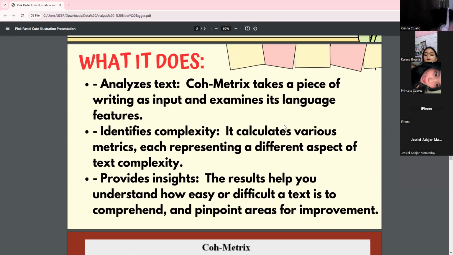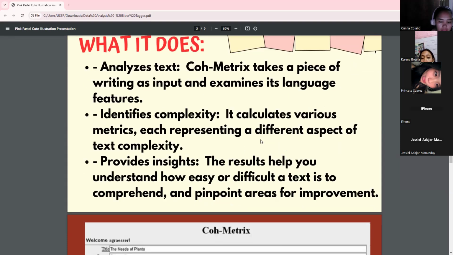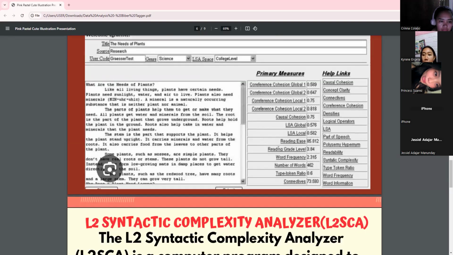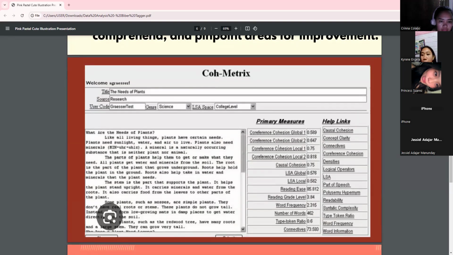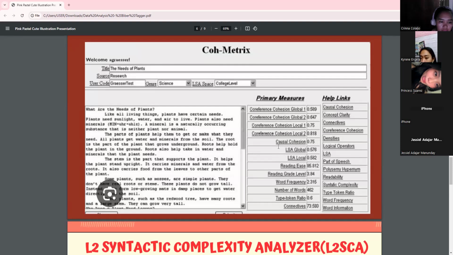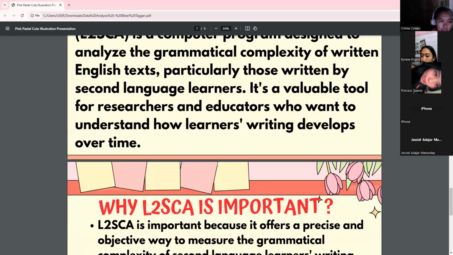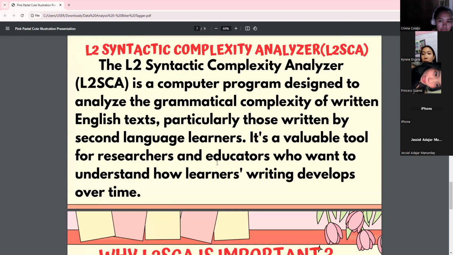It provides insight and results that help you understand how easy or difficult a text is, to compare, and to pinpoint areas for improvement. So this is the example of Coh-Metrix. Yeah, that is an example.